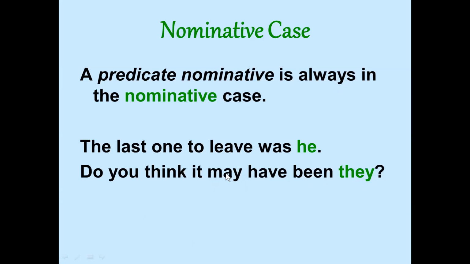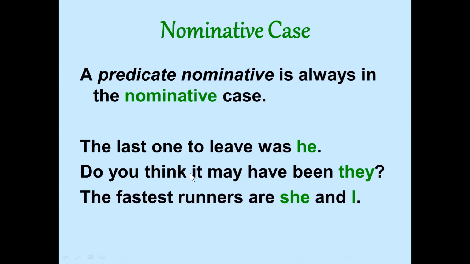May have been is a linking verb that links between they and it. The fastest runners are she and I. So she and I are the fastest runners. Does this work? Yes. So in such a case, it's the nominative case, not the objective case. So I cannot say her and me.